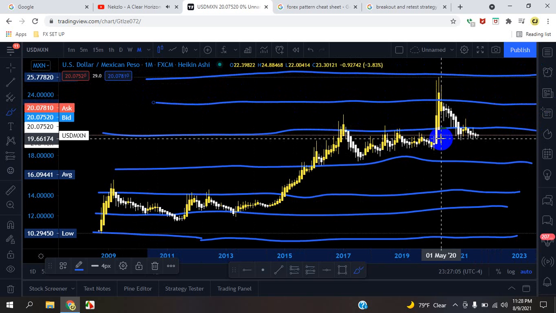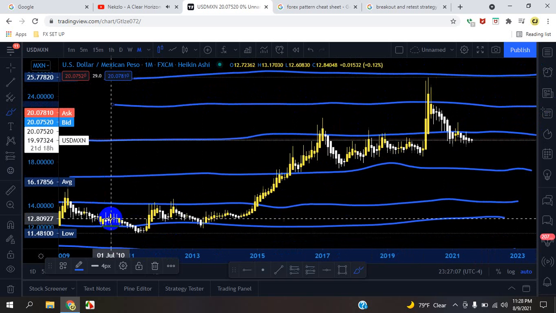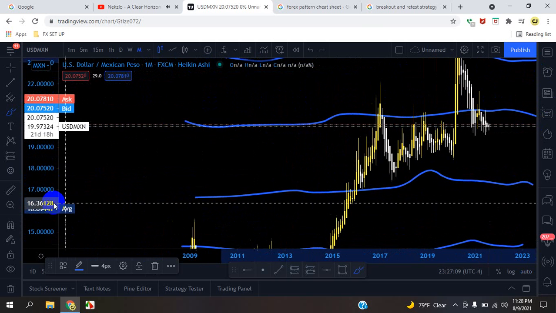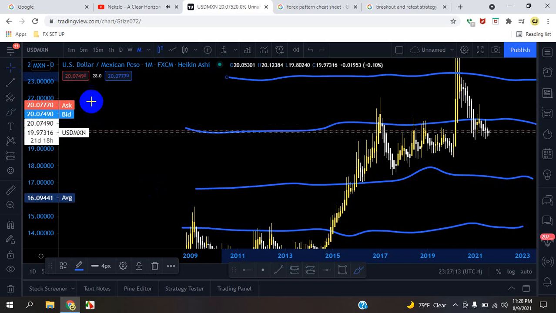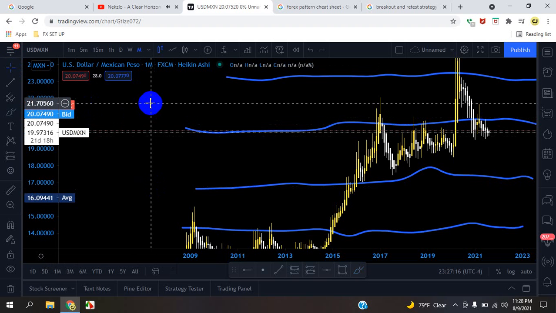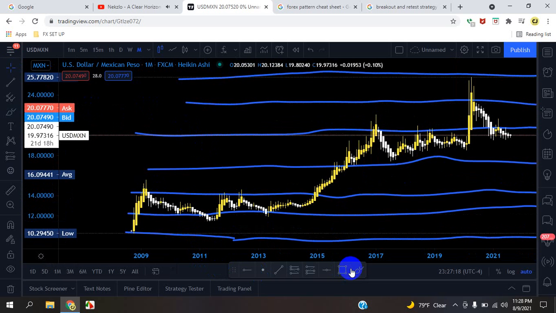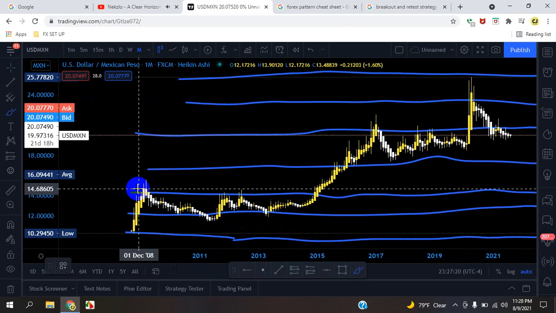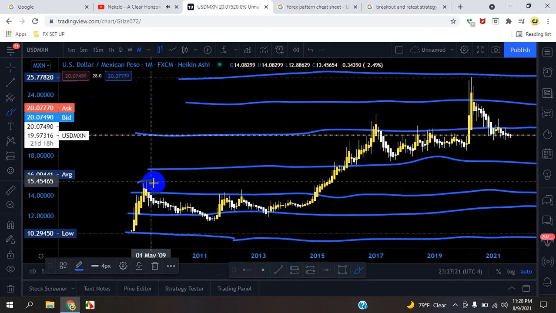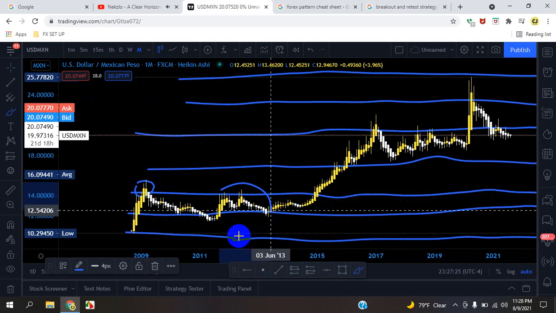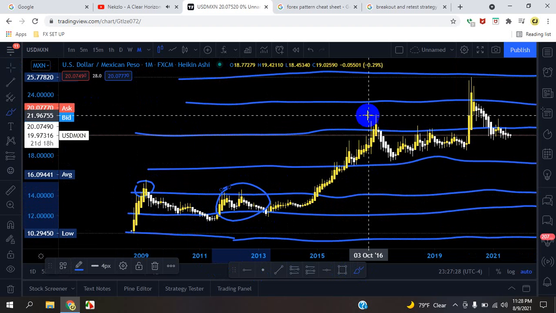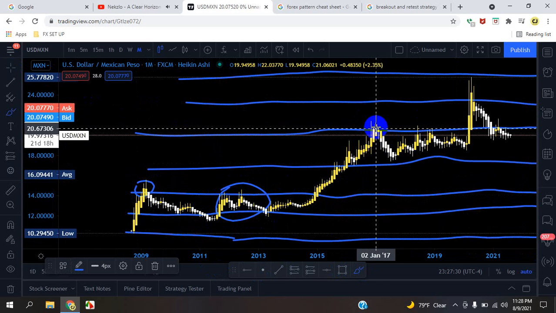So let's head back over the price, see if we can figure out patterns in the market. So I've seen a few, so let me go back and circle. We have, let me see, a whole bunch here.